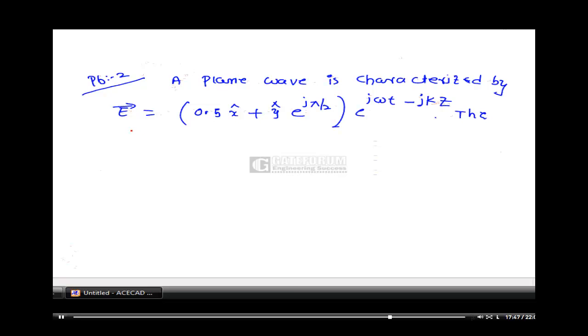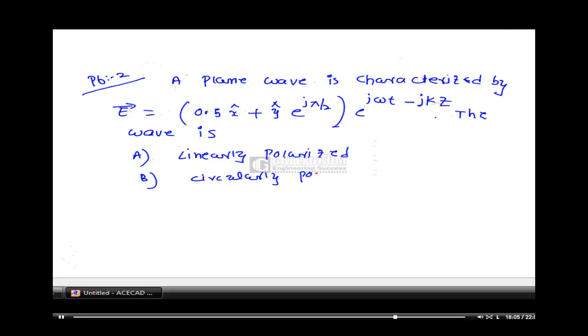The wave is: option A, linearly polarized. Option B, circularly polarized. Option C, elliptically polarized. Option D, unpolarized.